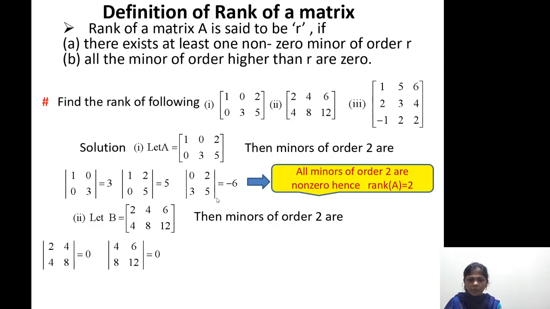That also comes out to be 0. So we take the third minor of order 2. Now all of the minors of the same order come out to be 0. So we will find the minors of the lowest order, that is order 1. Here, as all elements of this matrix are non-zero, the minors of order 1 will be non-zero. Therefore, the rank of the matrix B is equal to 1.